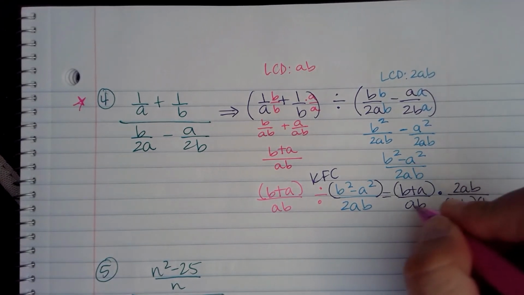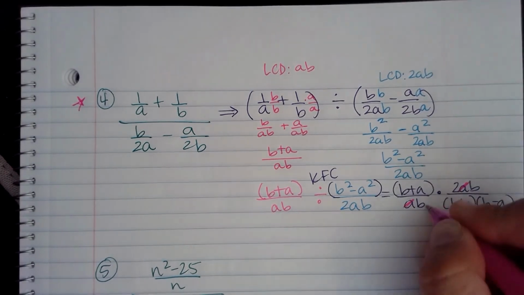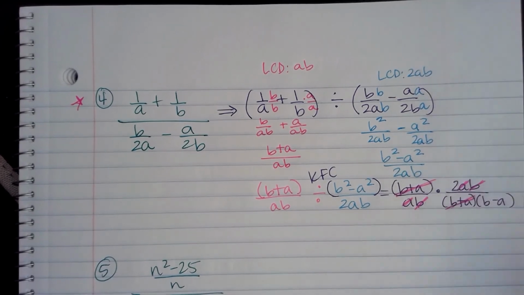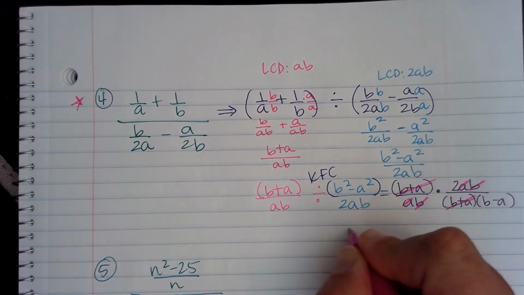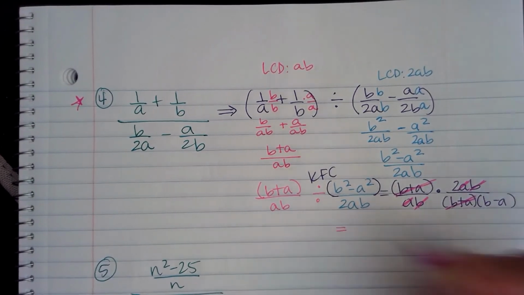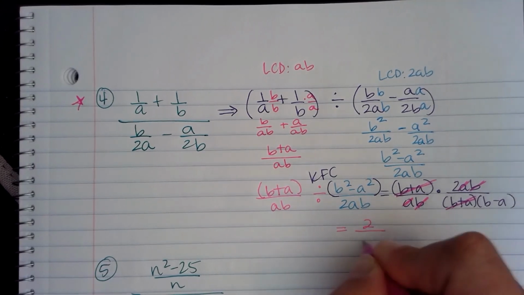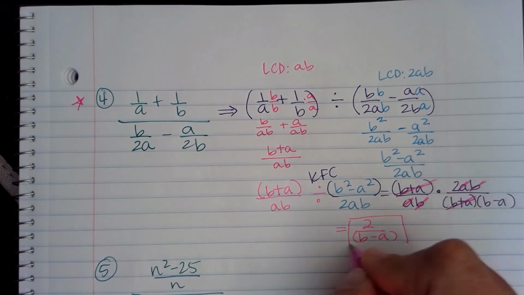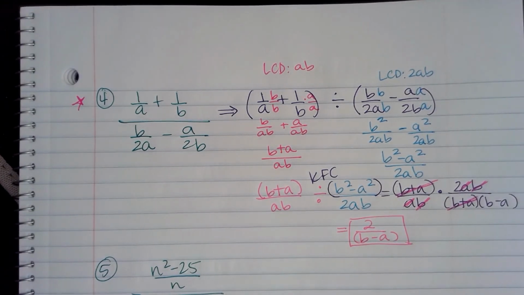And then I see a will cancel a, b will cancel b, b plus a will cancel b plus a, and I am left with 2 over b minus a.